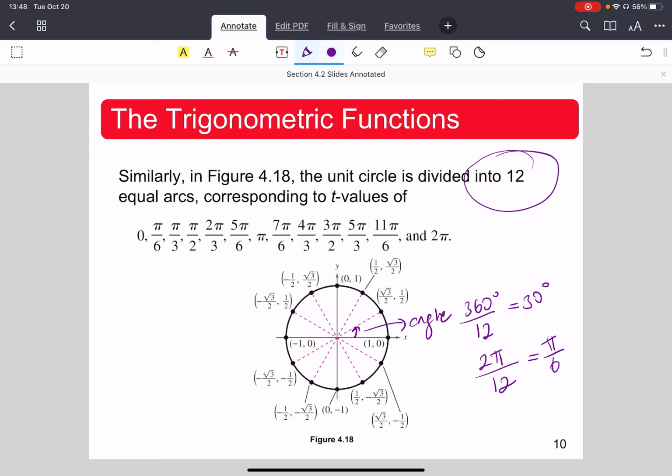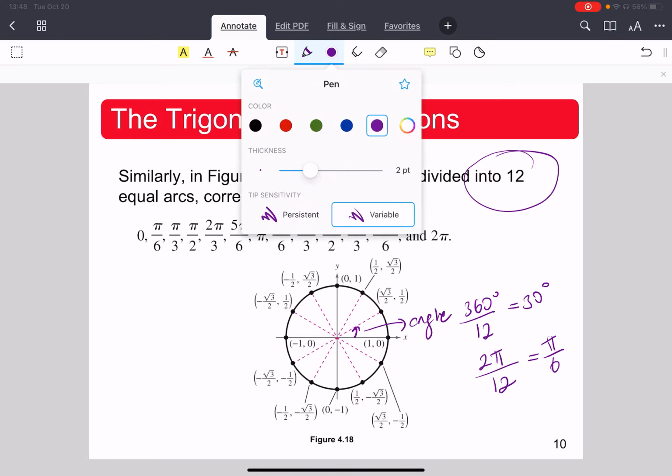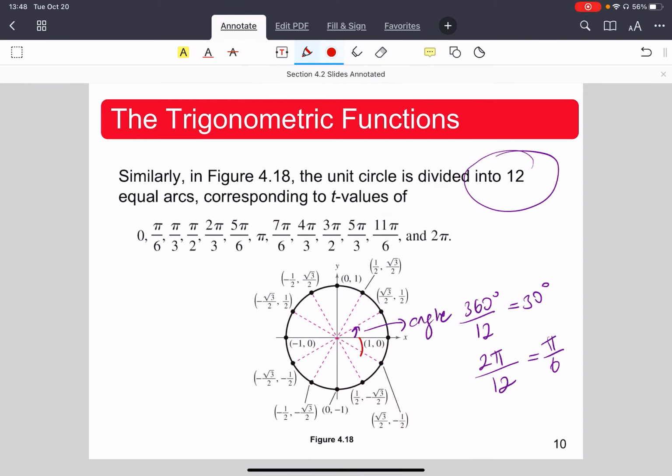So each of these little ones will be pi over 6. So for instance, if you go in the negative direction, 2 pieces like this, then this angle must be negative 2 times pi over 6, which happens to be negative pi over 3. So negative pi over 3 will be the corresponding angle for this point that is represented in red.